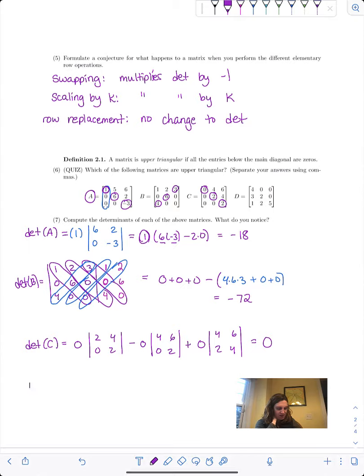And then finally, the determinant of D. Let's do that with the crisscross again, so we can get one more crisscross example. So remember, we rewrite the first 2 columns, and then we multiply down the diagonals.